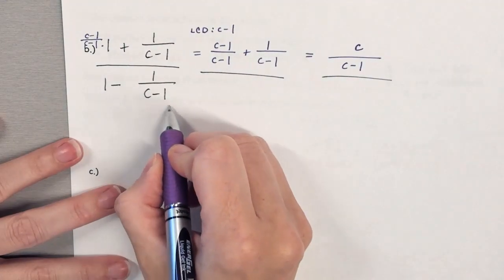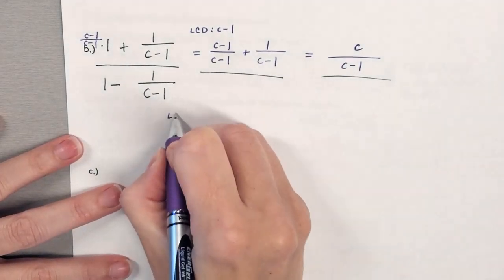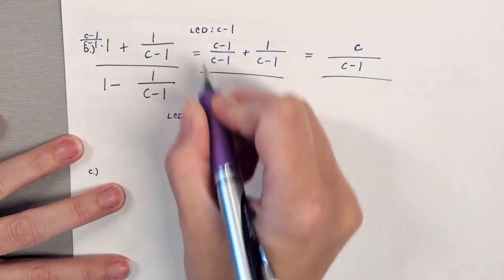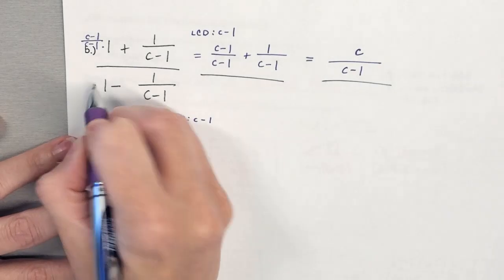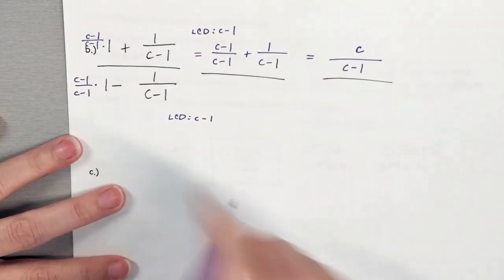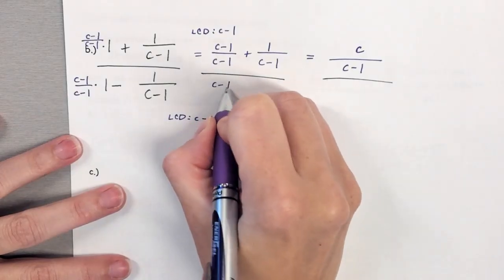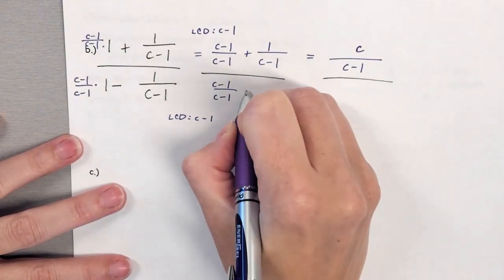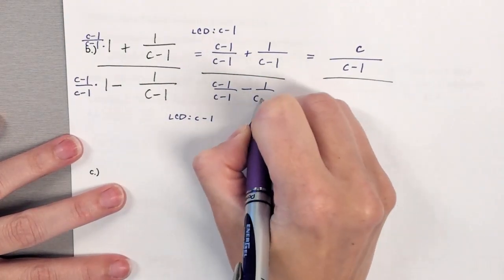And then again, the LCD on the bottom just happens to be the same as on the top. Sometimes that happens, not all the time. So if you multiply, then you have C minus 1 over C minus 1 minus 1 over C minus 1.